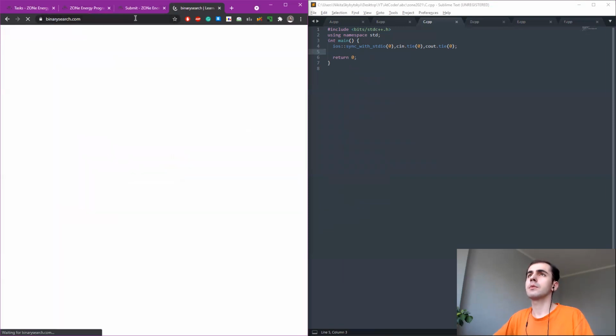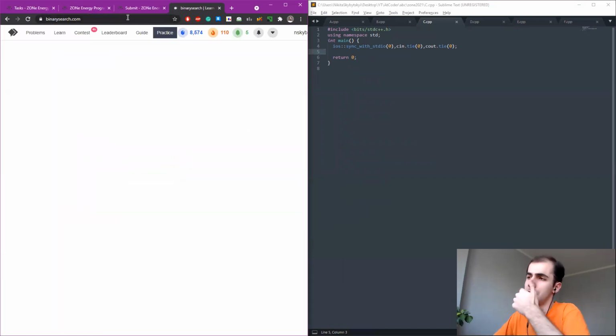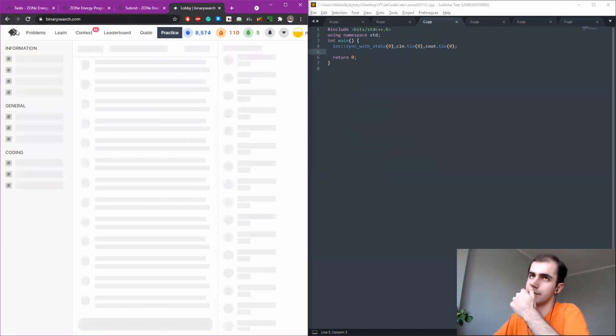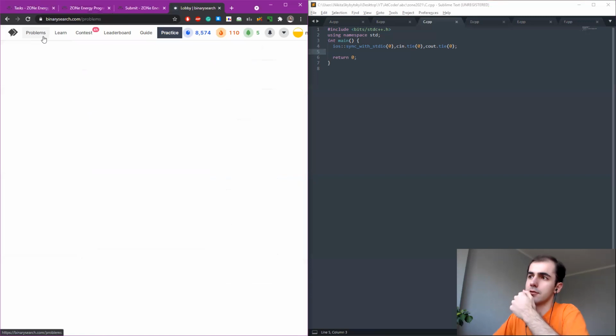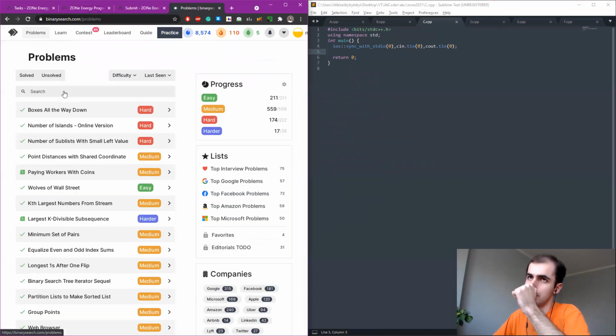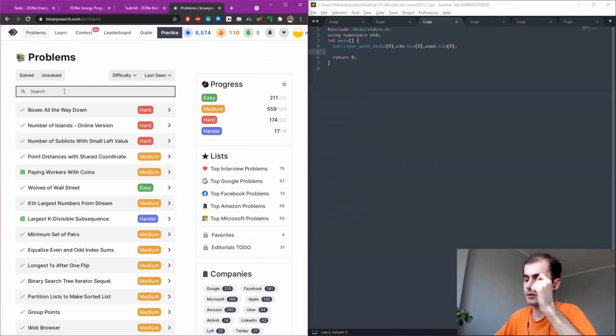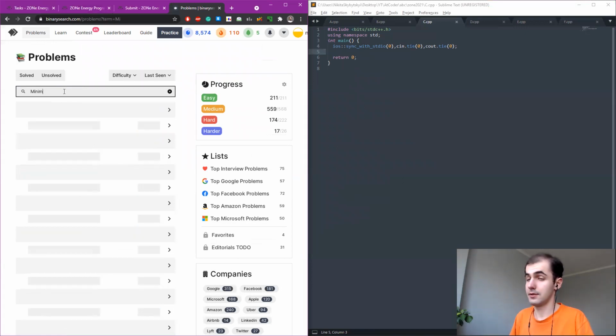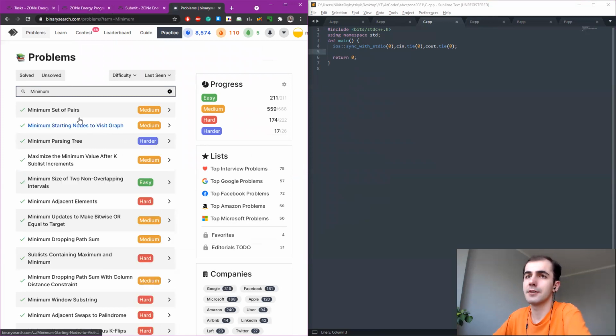I believe we had a similar problem on binarysearch.com, which makes sense because it's a sponsored event. Let's get to the problem straight away. Do not spoil anything in the chat. I'm not sure. Minimum is a very bad query.